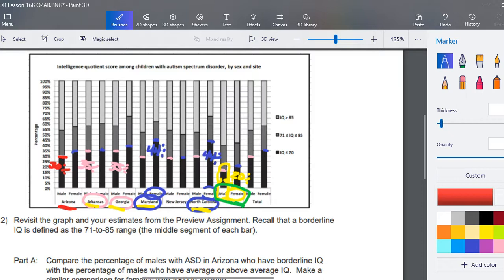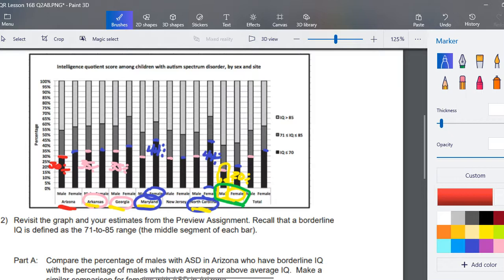Part B, in Arizona, about 32% of the boys have intellectual disabilities. Again, on Part B, we have no information about all of the boys in Arizona, so just those with autism spectrum disorder. A better statement again would be, in Arizona, about 32% of the boys with ASD have intellectual disabilities.